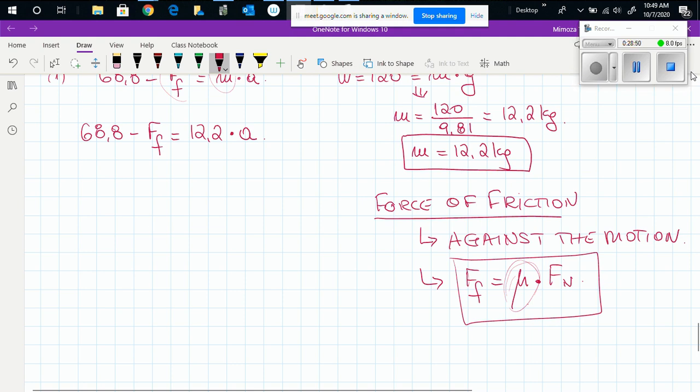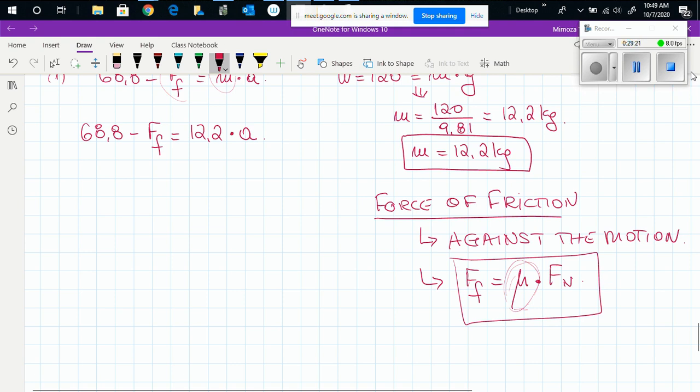So a very high coefficient of friction is when it is close to 1, and a very low or almost frictionless one is when it is close to 0. So the coefficient of friction is a number without units that is always less than 1 and greater than 0.